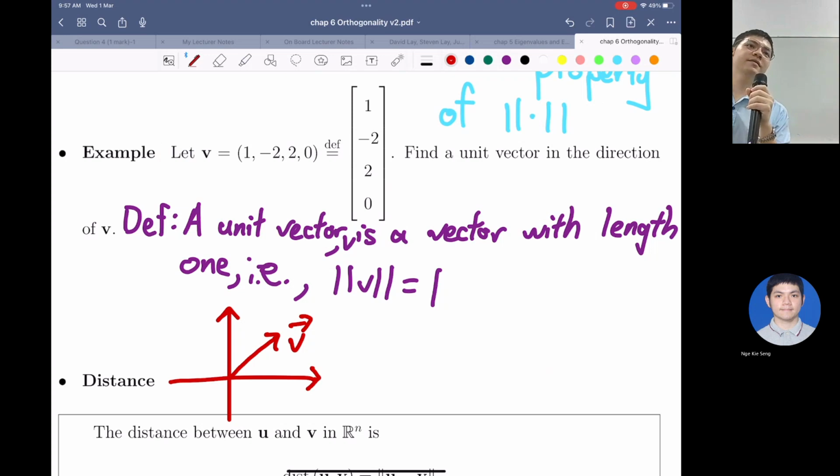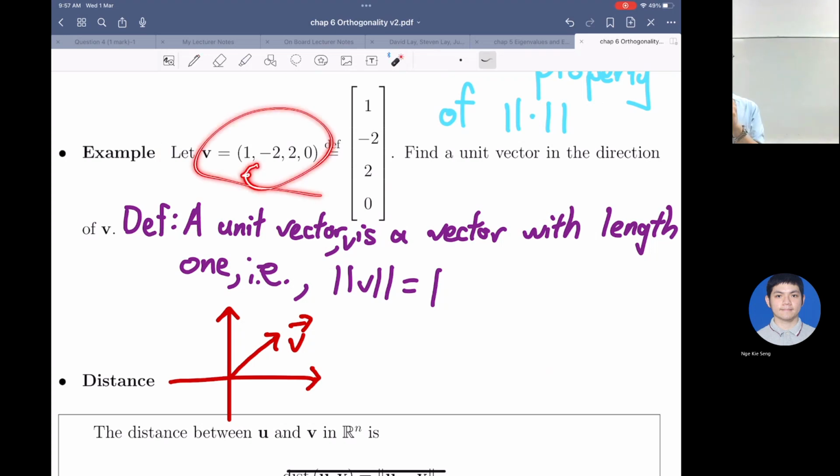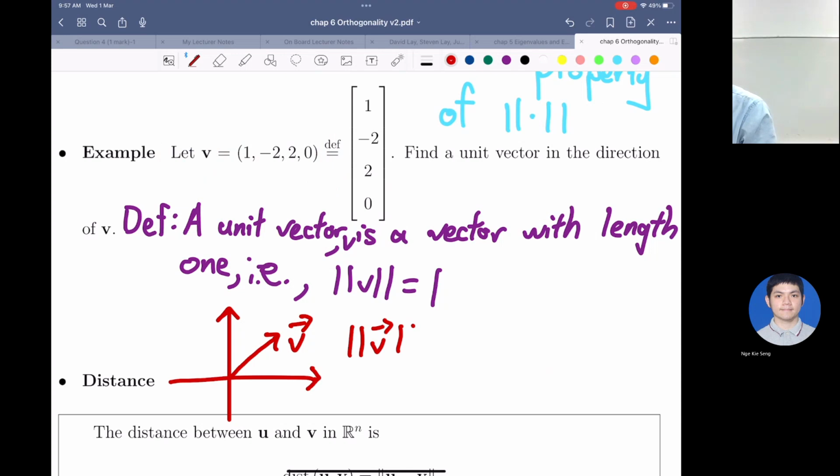Any idea? First of all, let us see whether this is already a unit vector. So let's see what's the length of v.